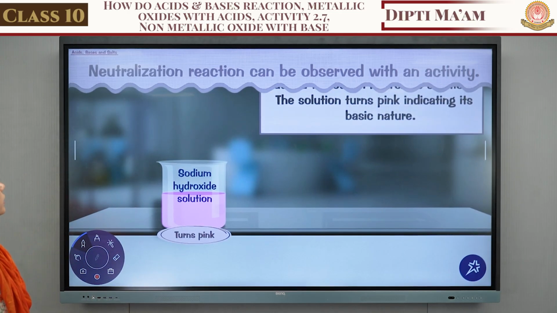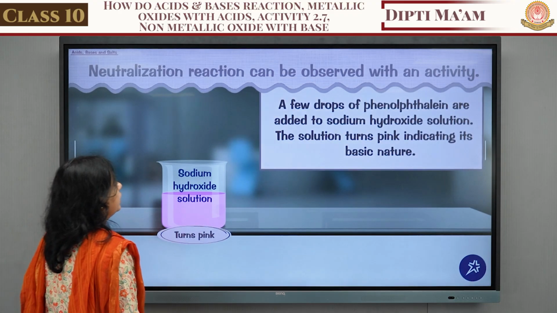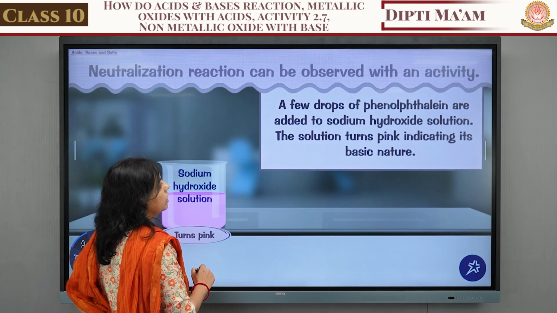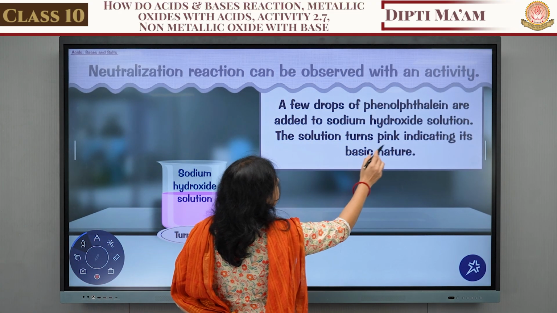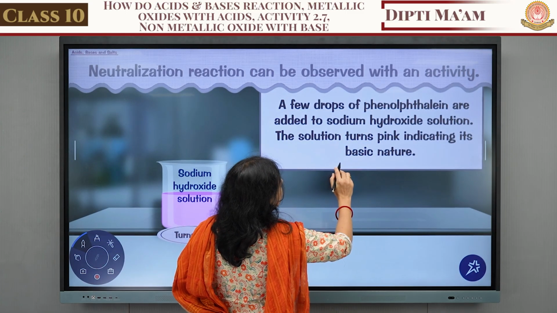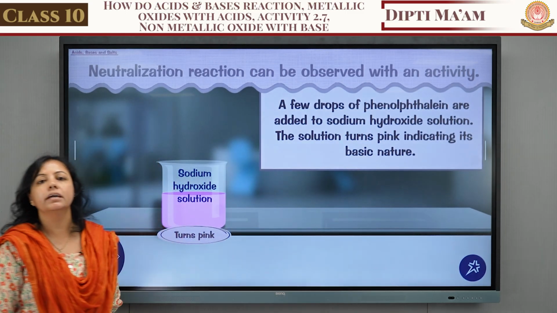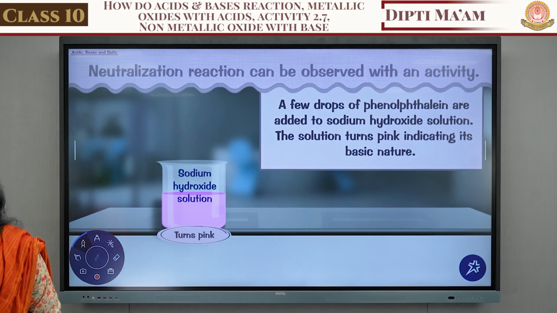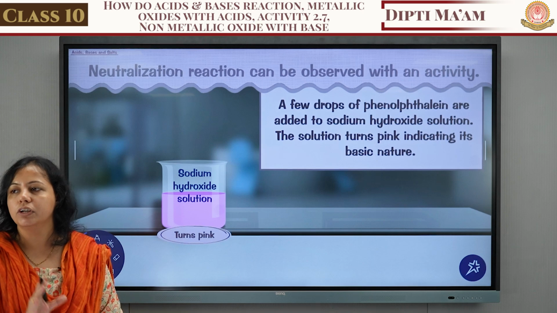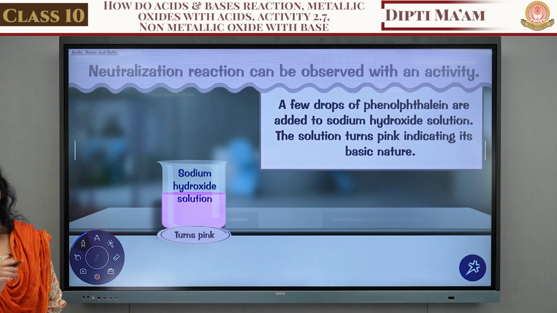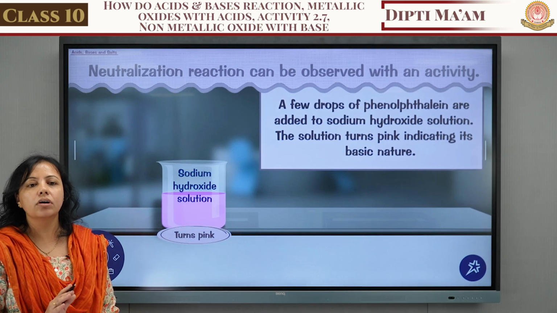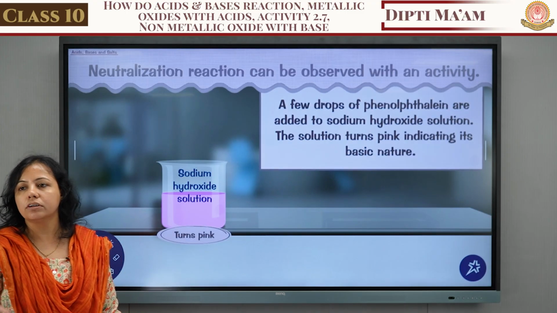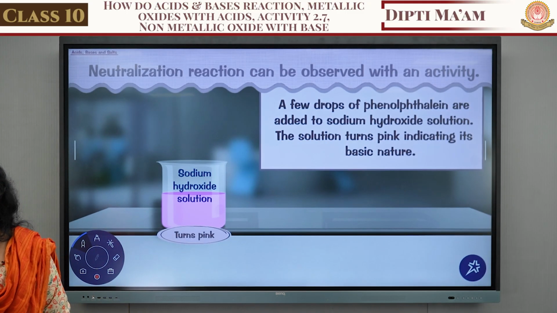So here a few drops of phenolphthalein are added to sodium hydroxide solution and the solution turns pink. This indicates that the solution is basic in nature. What is the effect of the synthetic indicator phenolphthalein on acidic solution? No color change. But what about the effect on the basic solution? It converts into pink.